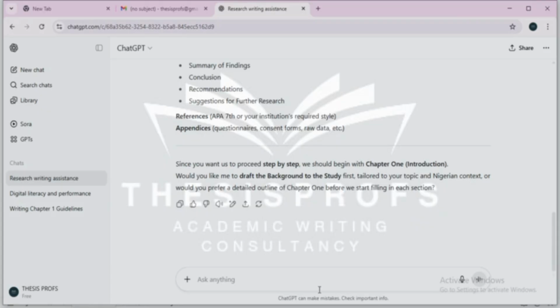Now why do these priming prompts work? It defines your role. You are the researcher, and ChatGPT's role is the assistant. Do you understand? So this is more like defining it. Look, I am in charge. I am the researcher. I don't want you to act too smart or whatsoever. It sets the academic tone and also the language preference.